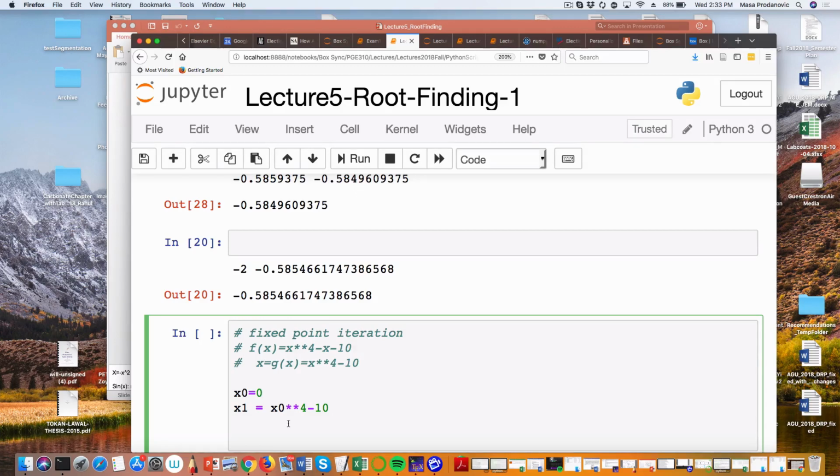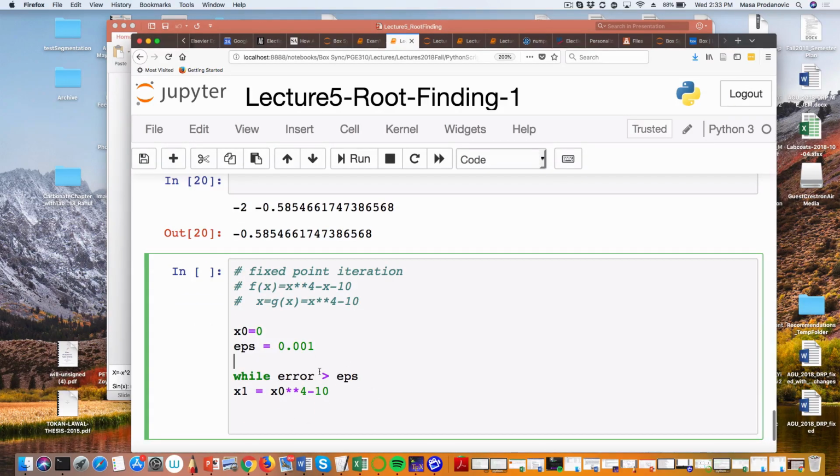So what would I do in the loop? I gotta have a while in there. While some error is larger than some epsilon, I'm gonna give myself an epsilon. And I'm going to compute, for now, I'm just going to say, well, error is 1 to initialize it.